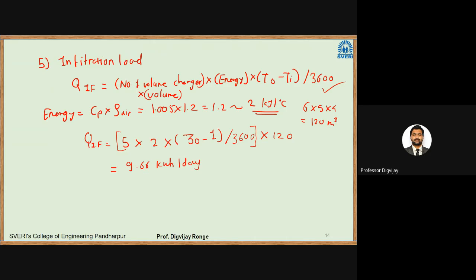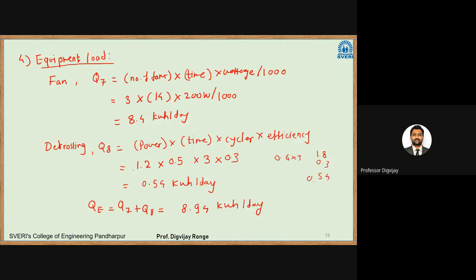So thus we have calculated all the loads acting on that cold room. Now I will calculate the sum of all this. Let us take a total. So let us first calculate the sum of all these loads. I will start with the transmission load.